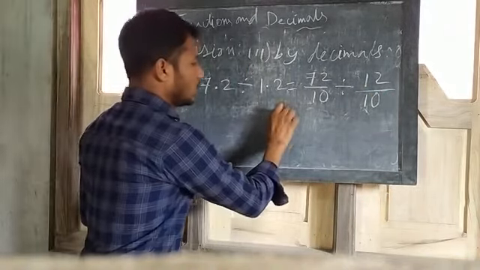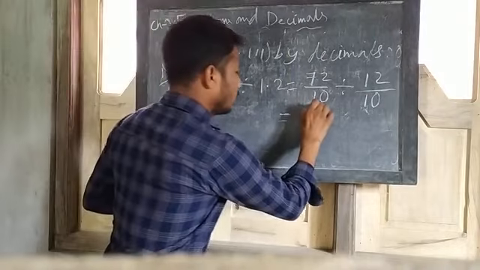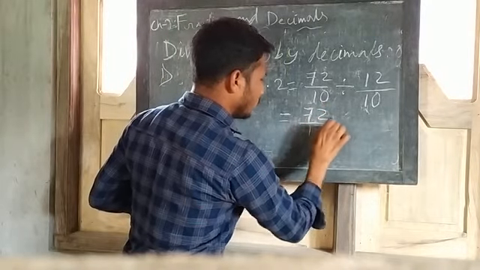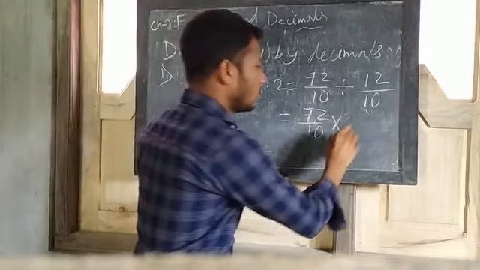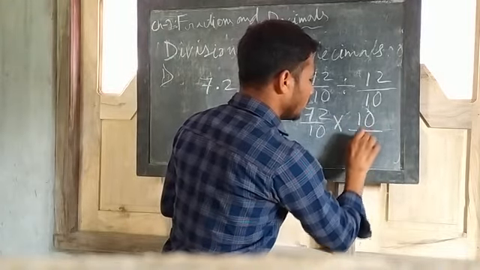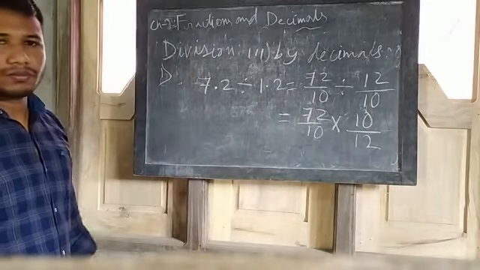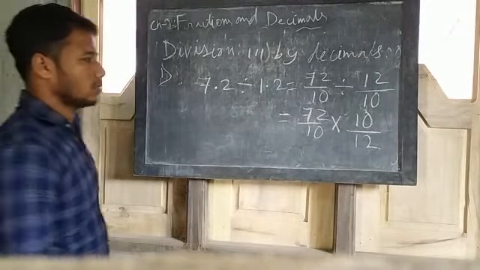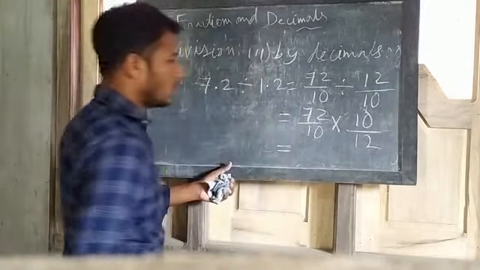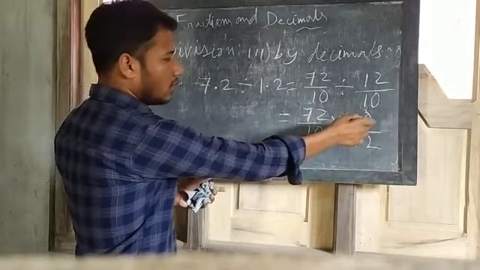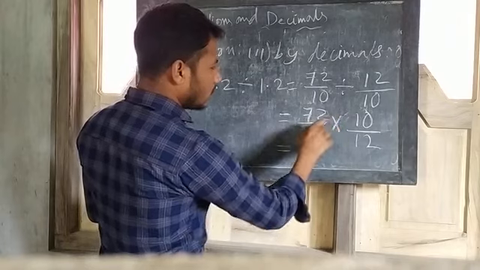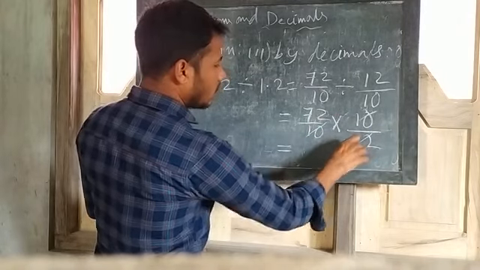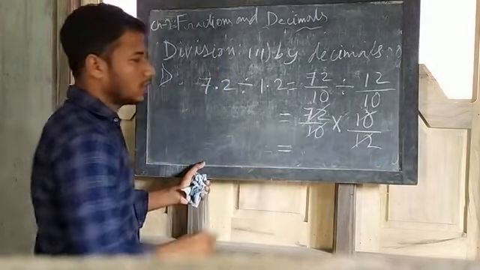Now see here, here is division, therefore we can multiply 10 by 12. Now see here, that 10 cancels, and now just divide 72 by 12, which is 6.